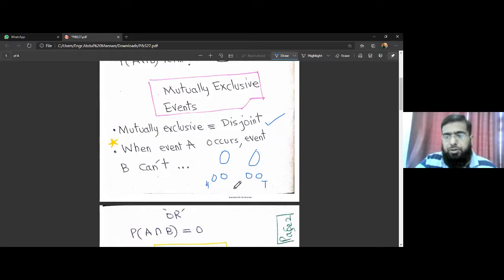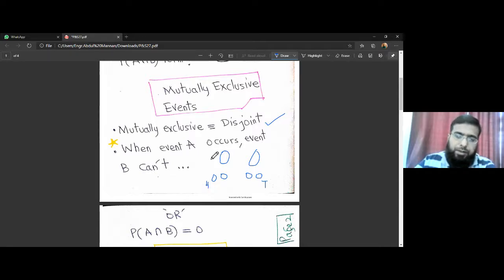If we toss these coins simultaneously or one after another, that doesn't matter, we can have a head on coin number 1 and a tail on coin number 2. So these two events are not mutually exclusive because they can occur together.